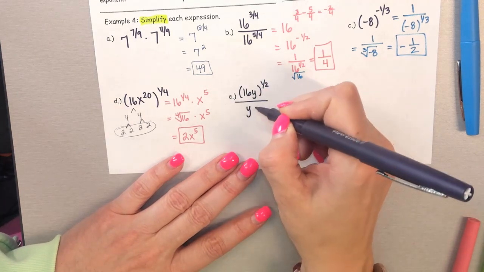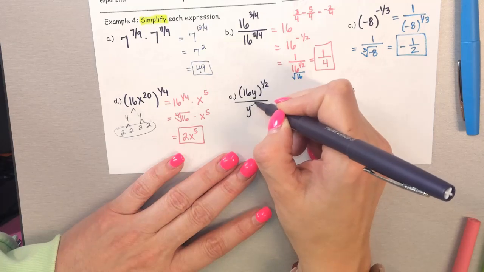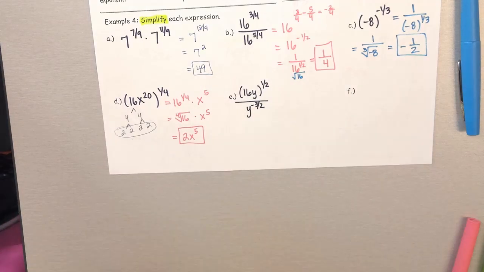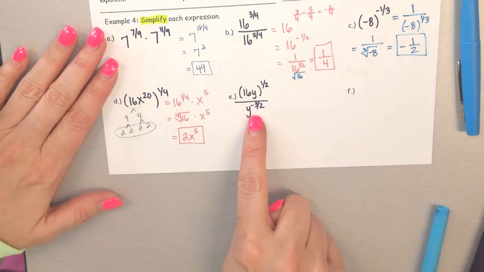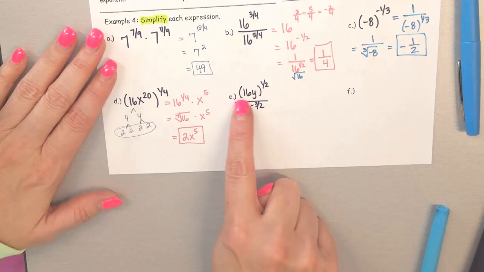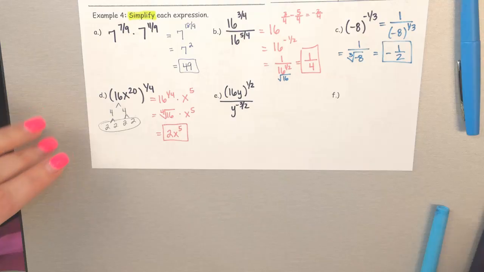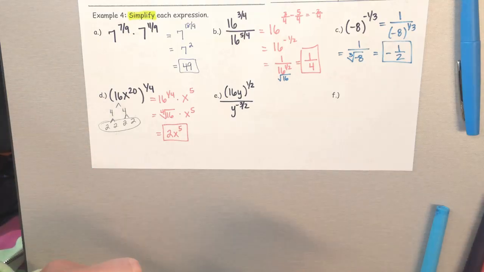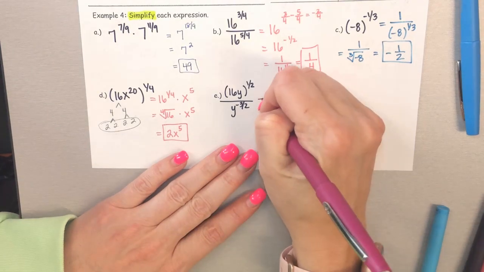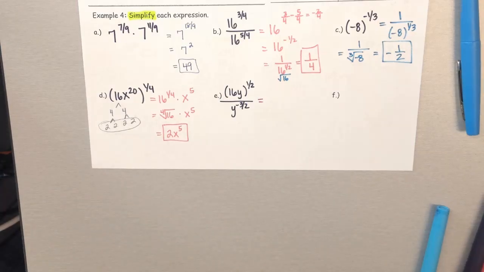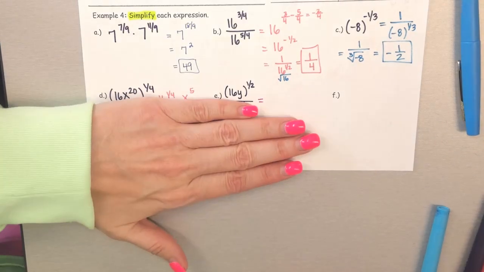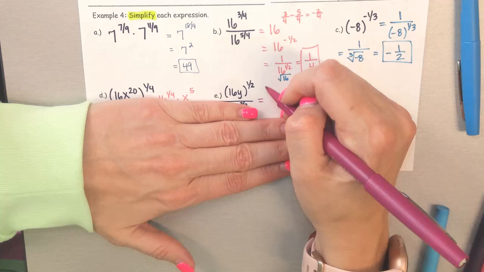All right, now this one has a few different things going on. So when you have multiple things, a negative exponent, parentheses, I like to just start with one step at a time. So what I would recommend is simplify the numerator first. Some of you are going to be able to do this right away.